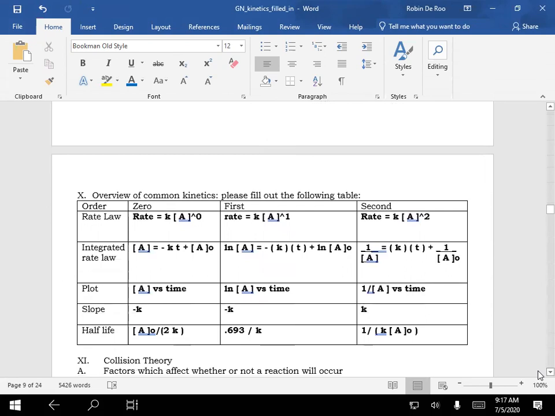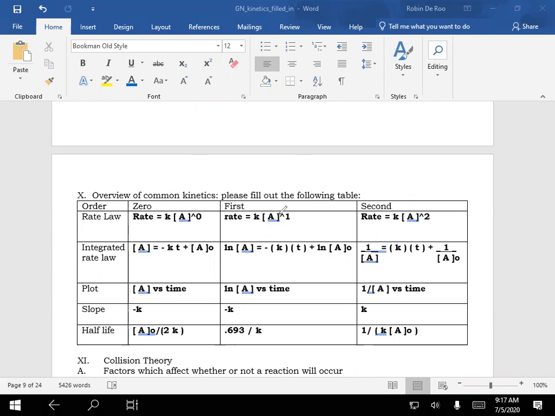It seems like there is a lot going on, but if you organize it, it's not as bad. You're going to want to make a table for yourself to organize this. The rate law is rate equals K A to the 0. I like to do it this way because it reminds me this is 0 order, and then I can simplify this.